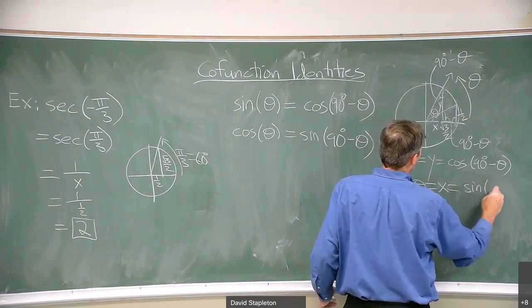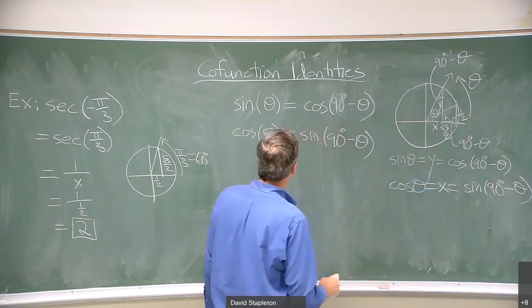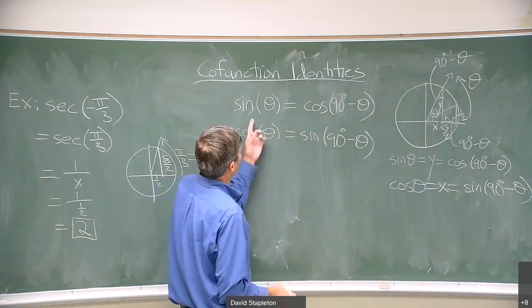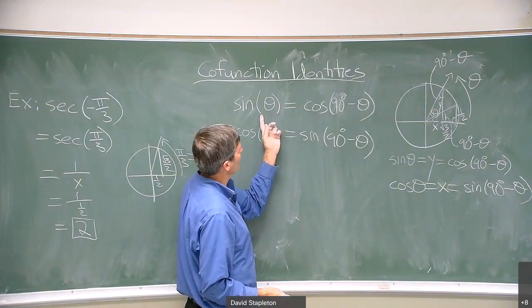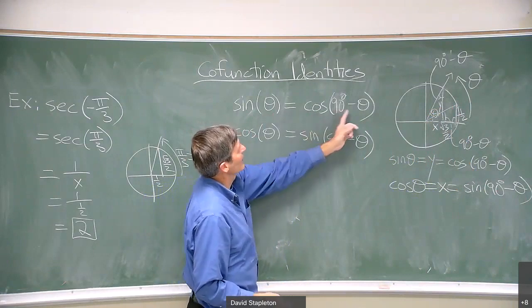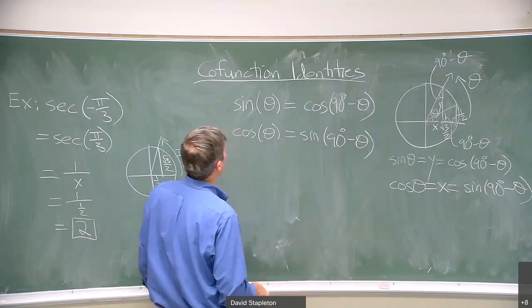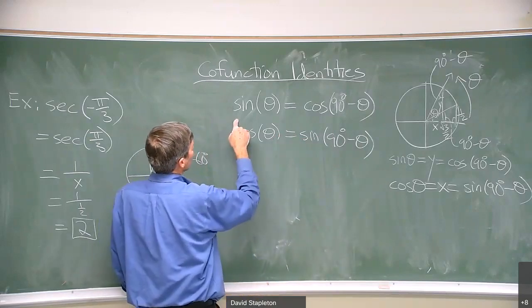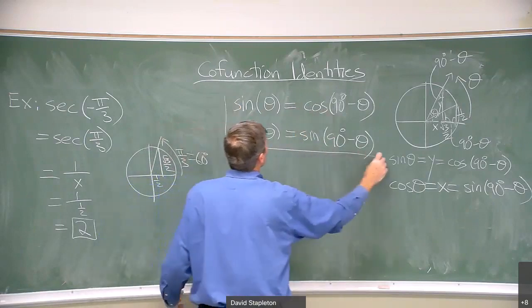Sine of the other one. So you don't have to remember which way it goes. You can do it either way. The sine is the cosine of 90 minus, and the cosine is the sine of 90 minus the original angle. Right? So they're co-functions, sine and cosine, and have this identity.